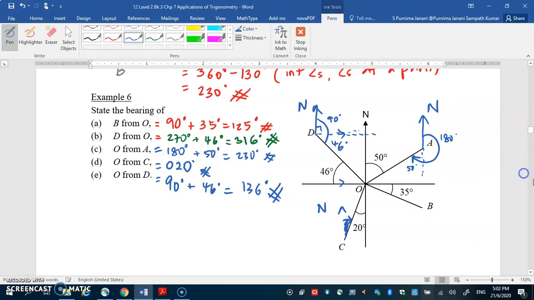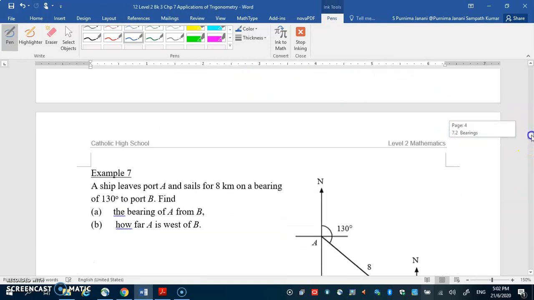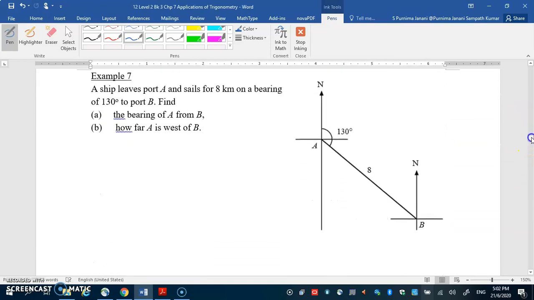Okay, moving on to example 7. A ship leaves port A and sails for 8 kilometers on a bearing of 130 degrees to port B. So the ship was at A, and then it sails for 8 kilometers on a bearing of 130 degrees to port B, which is over here. Find the bearing of A from B. When it's from B, I will draw my north at B, then go clockwise until I hit line AB.